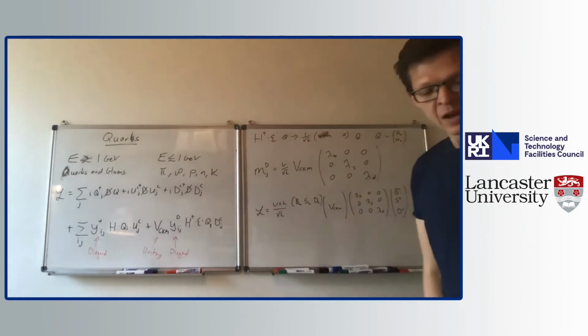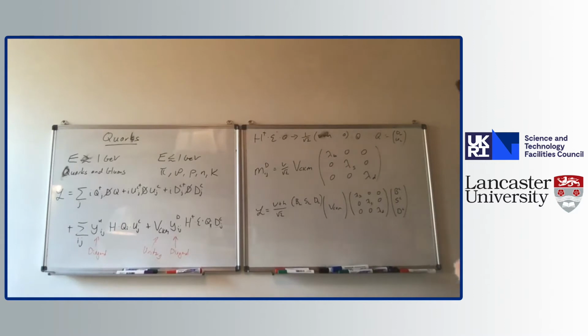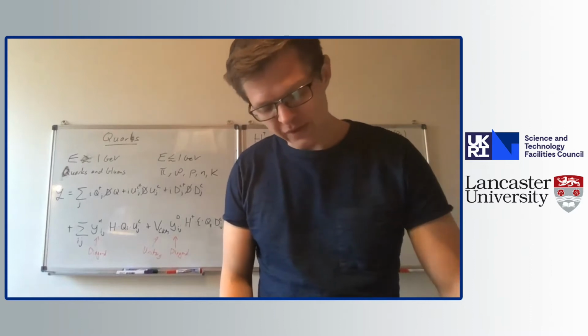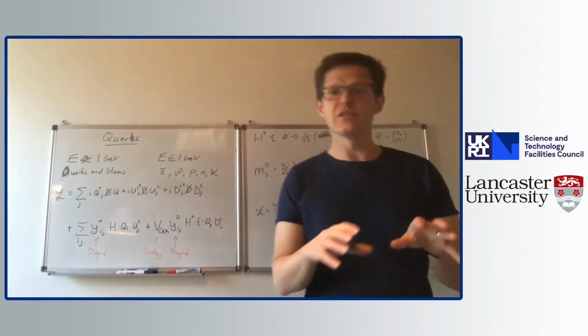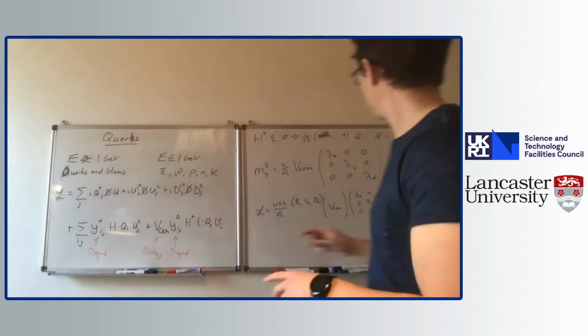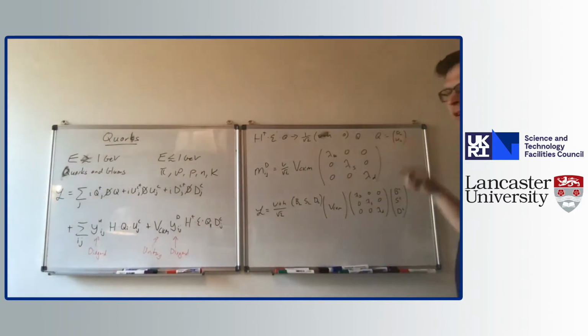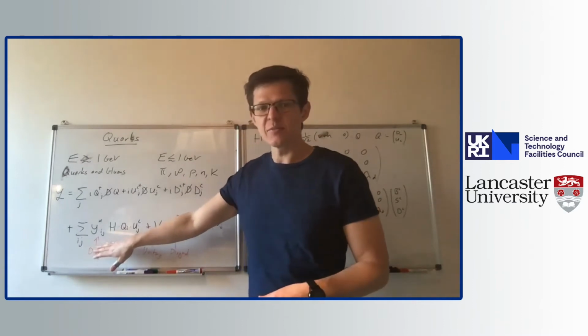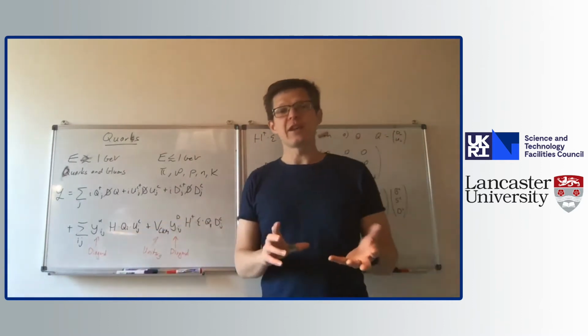However, to work with the mass eigenstates, we will need to perform one last rotation, which is actually a rotation of the left-handed down quarks. So if we look at this representation of Q here, before, when we did the rotations to diagonalize this term here, we were doing a rotation that was SU(2) invariant.